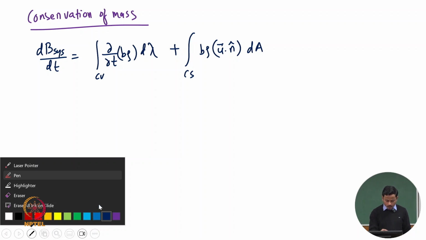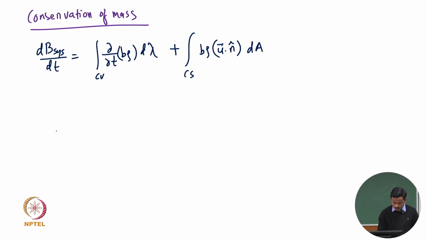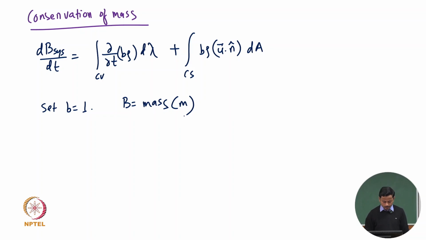Now once we have this form, for conservation of mass, set small b equal to 1, the intensive property equal to 1. Hence the capital B would be the mass variable m.